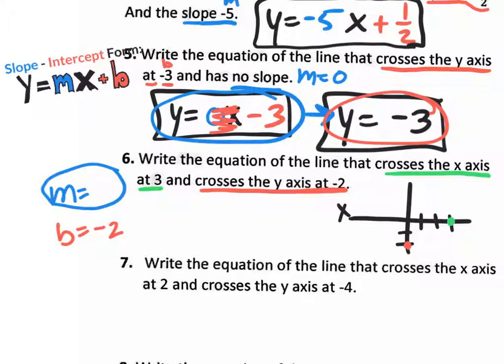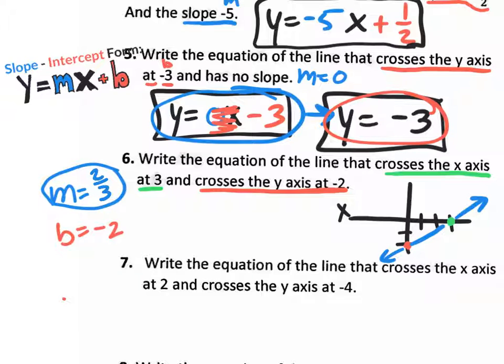If I do draw that line, I will clearly see my slope from one point to the other. You look at it from left to right. Is it going up or is it going down? It's obviously going up from left to right, so it has to be a positive slope. How much do you actually go up? You go up 1 unit, 2 units, and you run 1, 2, 3. So it is 2 over 3.